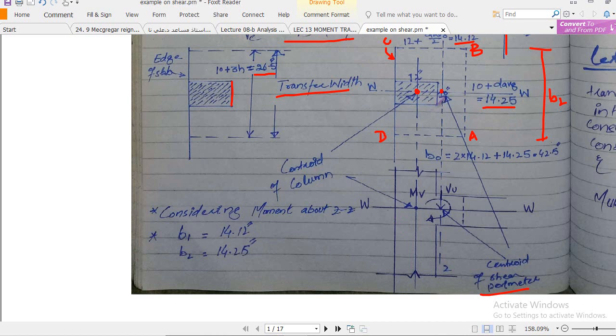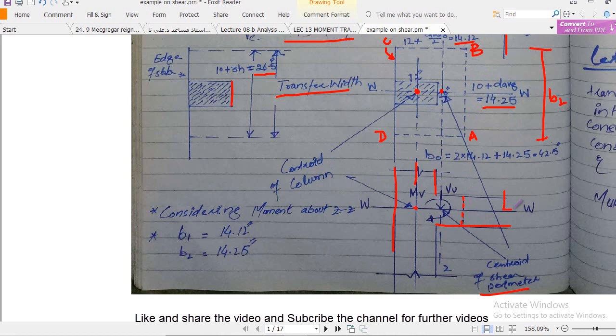Now this is the plan view of the edge column and this is the sectional view. You see this line is my column face, right? This is my column. And this line, which I extend down here, is the centroidal axis of the column. Here you see this is the centroid of the shear perimeter, and this dashed line is my face of the shear perimeter, and this is the slab, which continues in this direction.